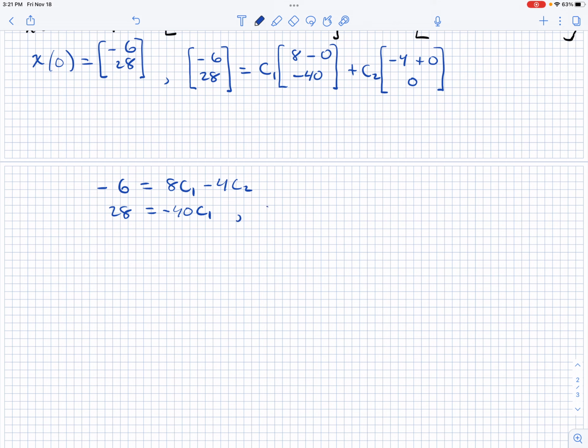And that's nice, because then c1 is just equal to negative 28 over 40, which does simplify to negative 7/10. And that gives us a way to find c2, which when we plug it in and simplify and solve for c2, we get negative 1/10.